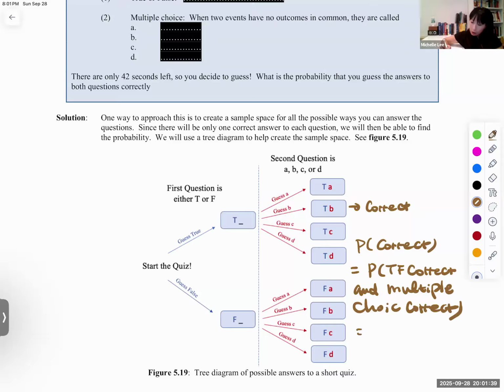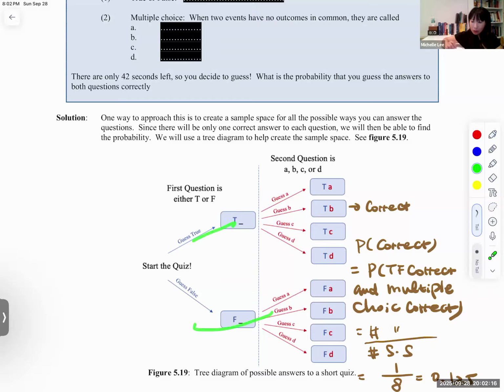Okay, let me make a detail over the number of sample space. So we know how many sample spaces there are? 8, right? How many are true-false correct and multiple choice correct? So there is only one, right? So 1 over 8, which is 0.125, right?